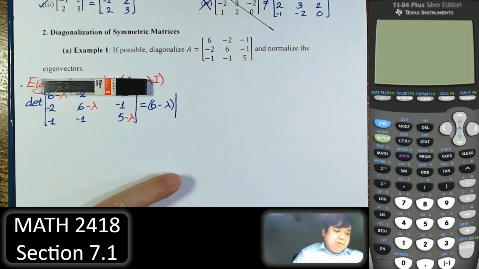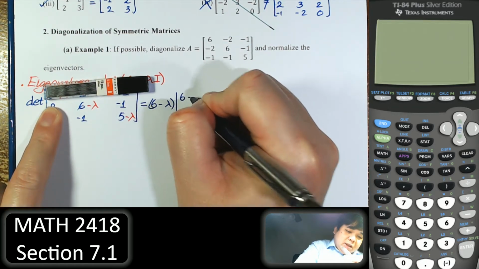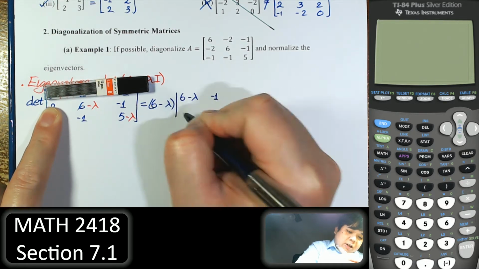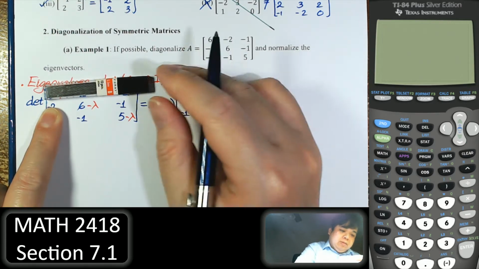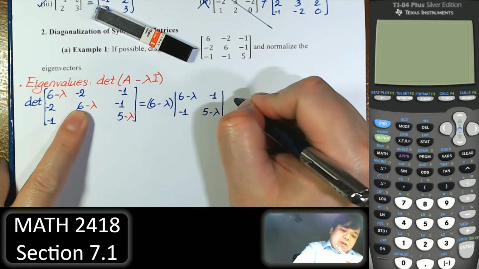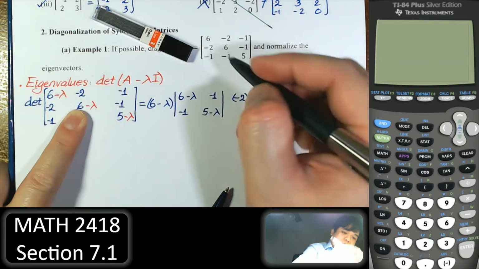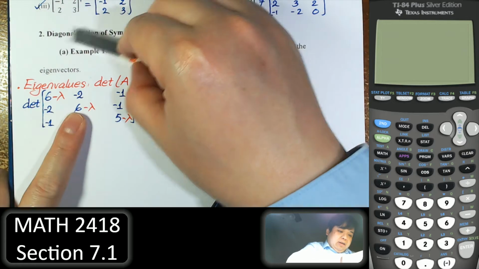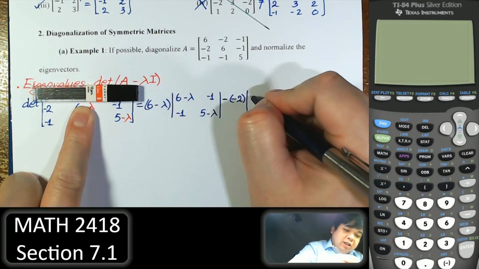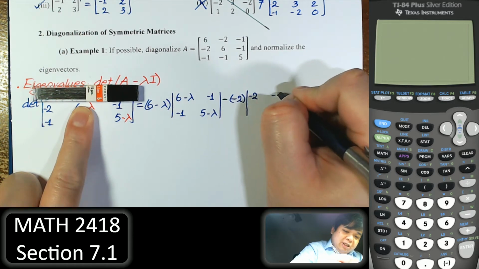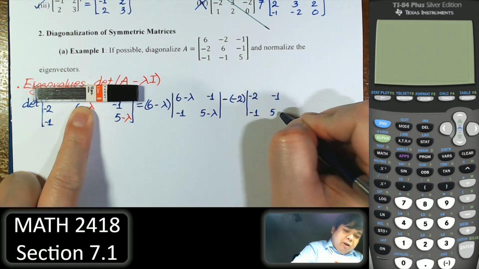What's left is the submatrix 6 minus lambda, -1, -1, 5 minus lambda. Next is -2. The sign chart will be plus, minus, plus, so that will be subtracted. For -2, the submatrix, the cofactor, is -2, -1, -1, 5 minus lambda.